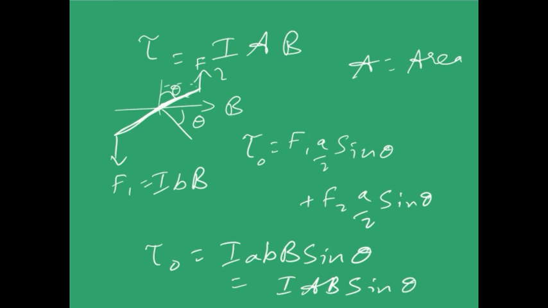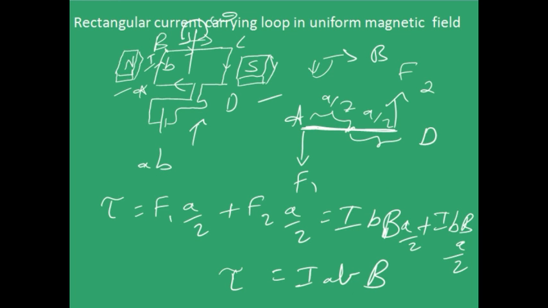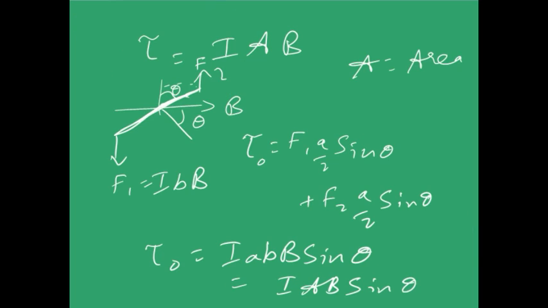In this scene, because my current is going in clockwise direction, from the right hand rule I can say that my magnetic moment is this one. Are you getting me? So my theta is the angle between magnetic moment and magnetic field. Okay, hope everything is clear till now.